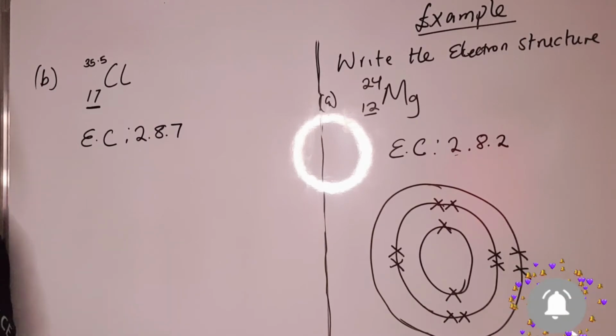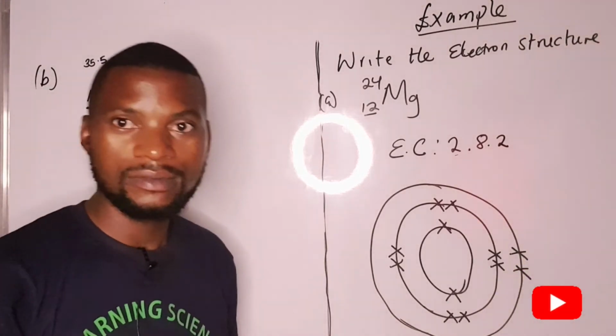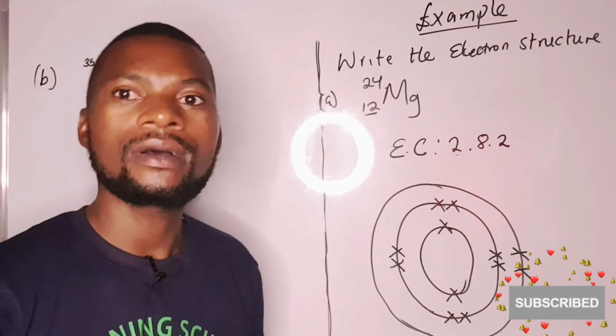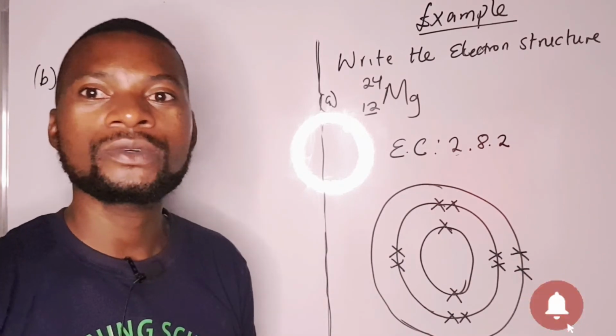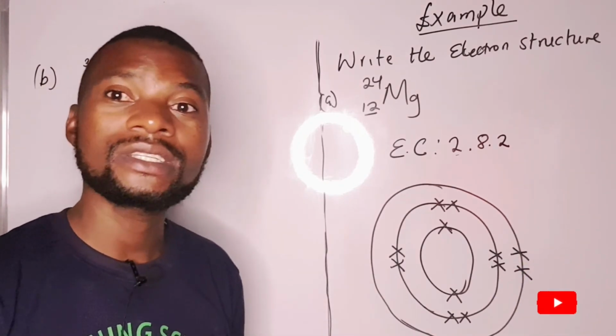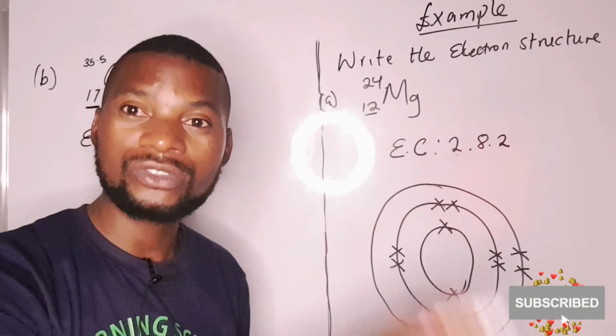So the electrons have been filled in the energy levels. After they have been filled, that's when you write the electron structure.